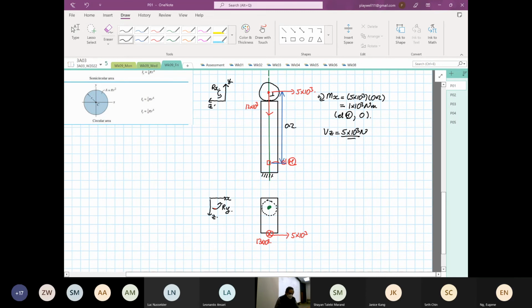Right? So the 5 times 10 to the power 3 Newton is going to induce a deformation. So the deformation will look like this, okay? So when it deforms, it will deform this way. Okay? So this is our deformation pattern.